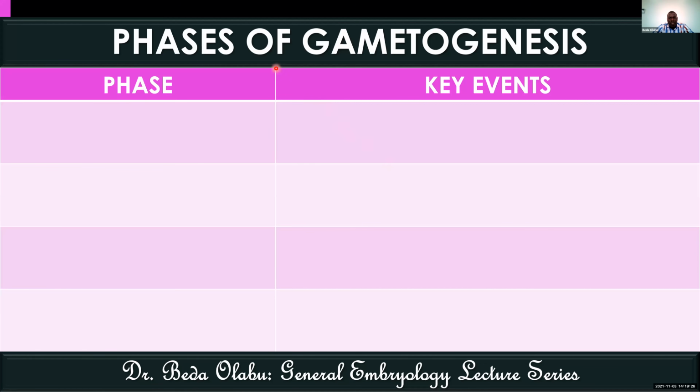The process of gametogenesis in general occurs in some 4 defined phases. And I want us to look at these 4 phases of gametogenesis. Take your mind back to a baby who has just been conceived and is now just developing in the mother's womb.